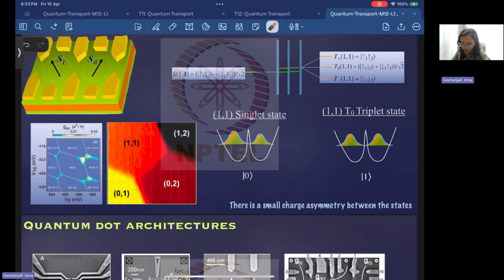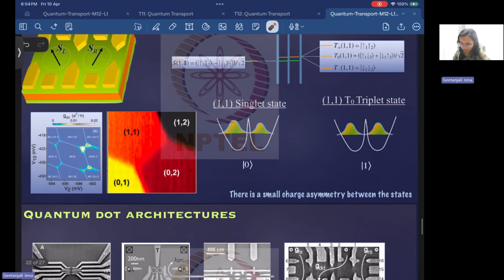And for this, if you look at the charge stability diagram, we have a honeycomb shape pattern where we see this ST qubit. This is the 1 1 state, and 0 1 state, 0 2 state, and 1 2 state.